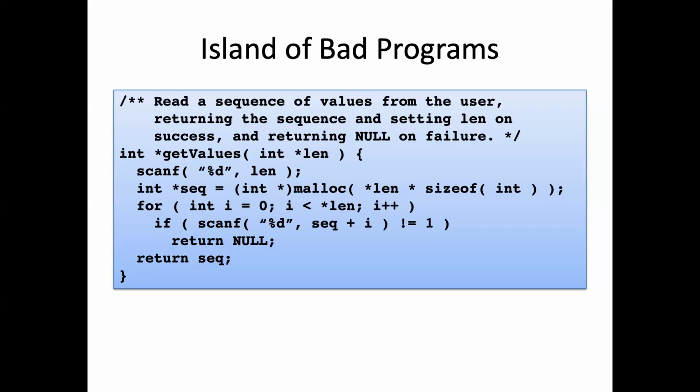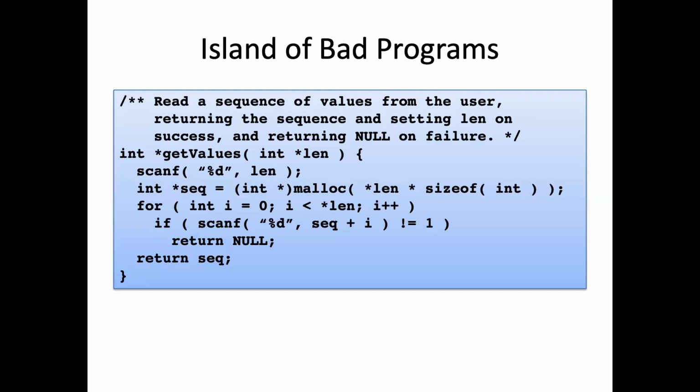So I'm just doing some pointer arithmetic here to find the address of the ith element of this array. And as long as I'm successfully reading stuff, I keep going. If I ever get something that doesn't parse as an int, I pretend the input's garbage, so I return a null to the caller. Otherwise, when I'm done, I return a pointer to the array.